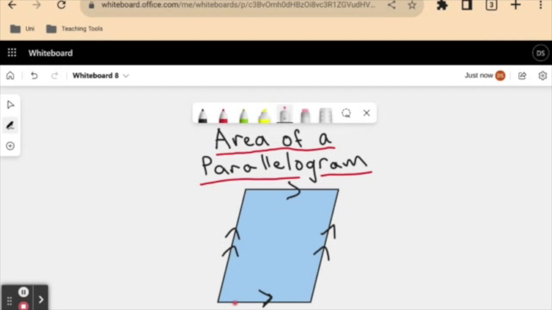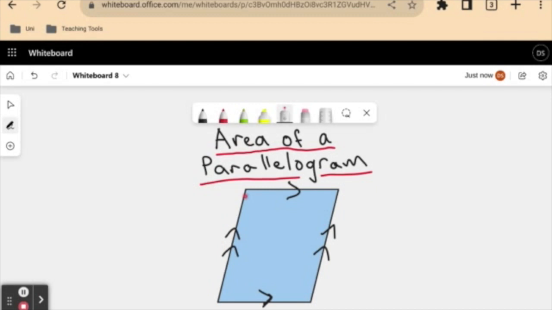Now, before we even go into that, we want to just observe a special feature of these types of parallelograms. Now, it's kind of hard to tell right off the bat, and intuitively you'd want to say, well, I know that for my other quadrilaterals, I just multiply this by this. Cool.